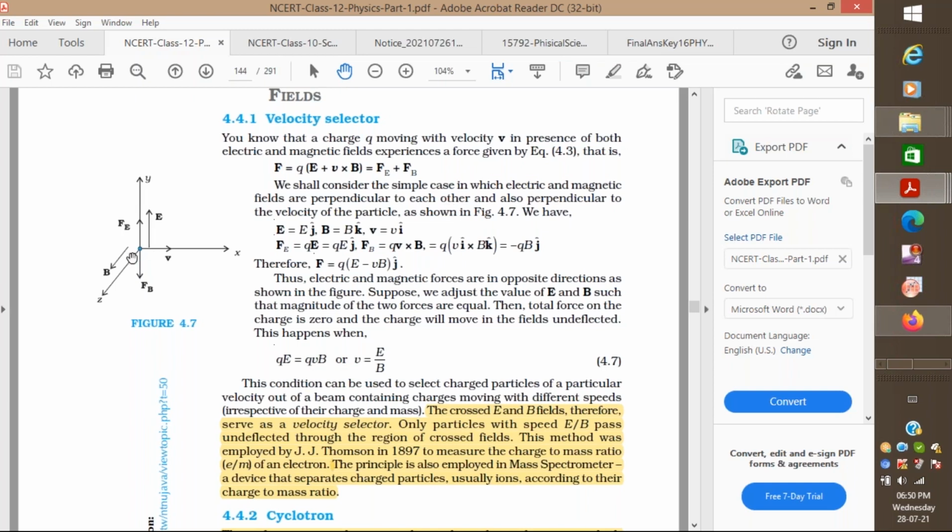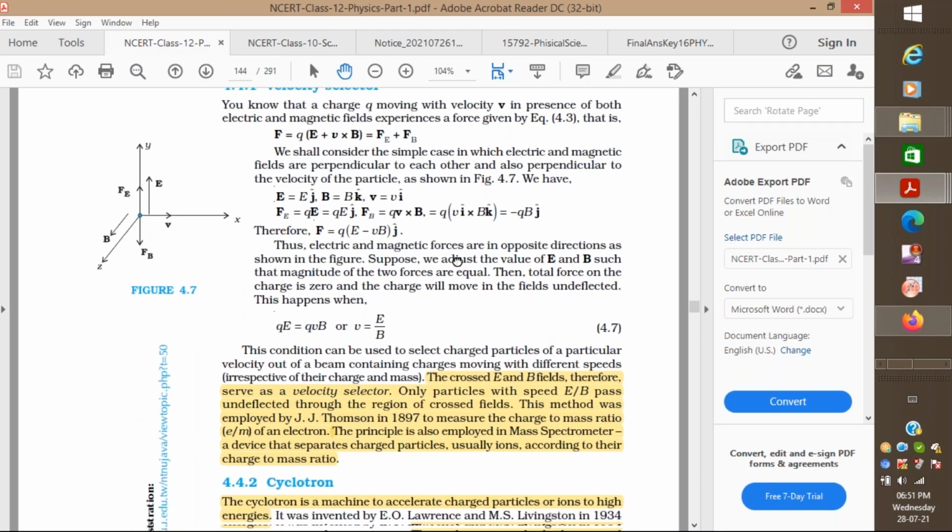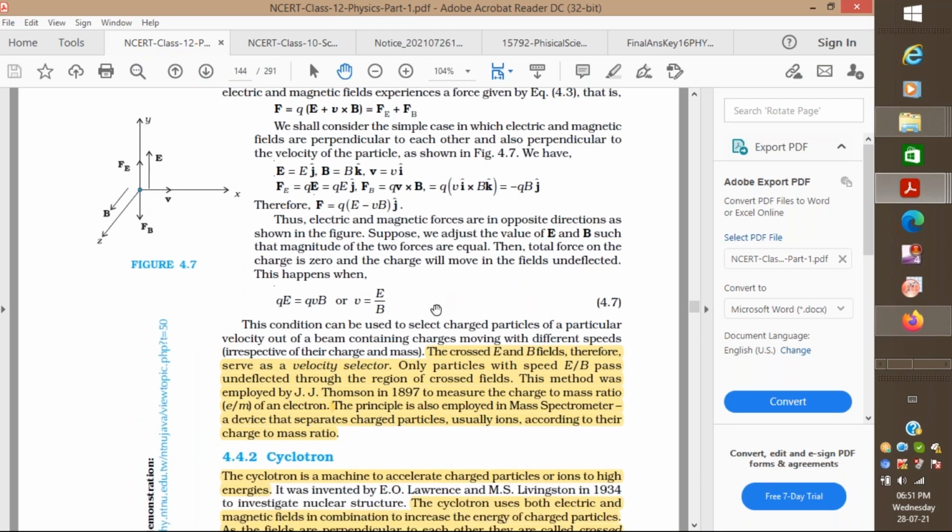Now, if you adjust the electric and magnetic fields in such a way that the electric force and the magnetic force become equal in magnitude, with direction exactly opposite to each other, they will balance each other. Thus you can find out the velocity of the particular charged particle which has passed through without any deviation.